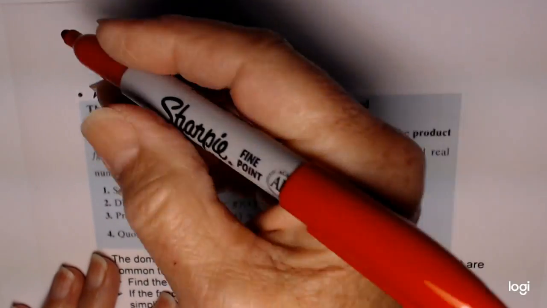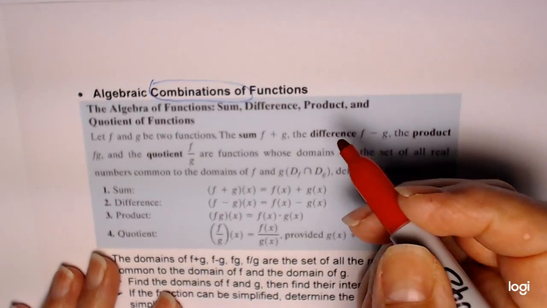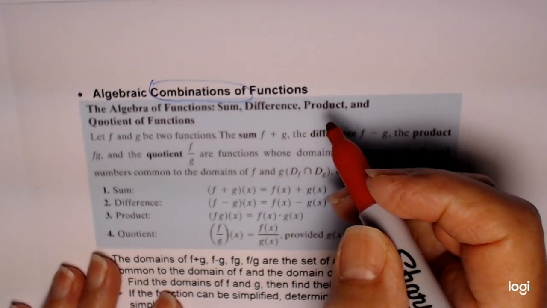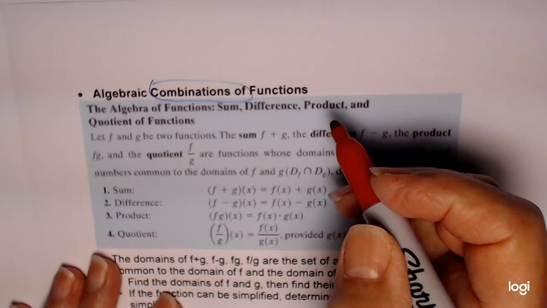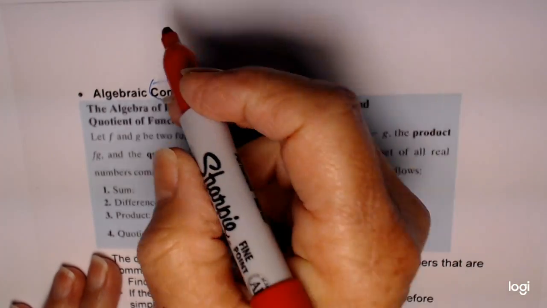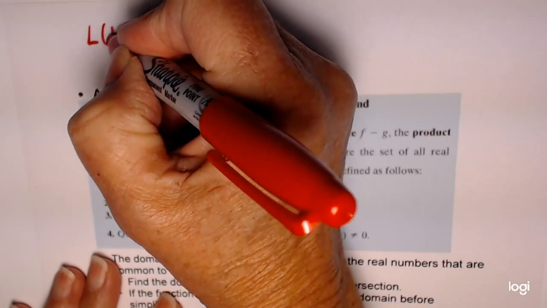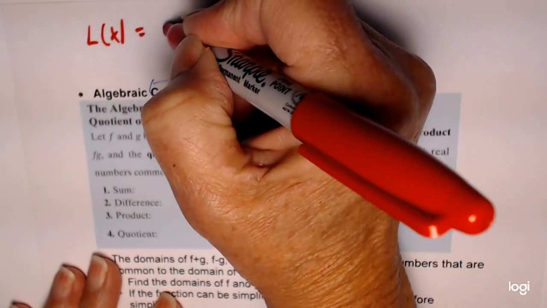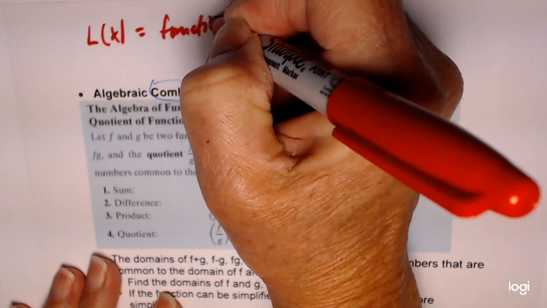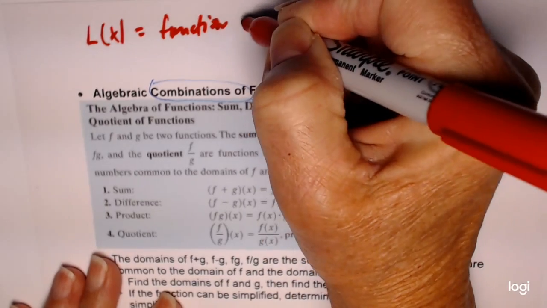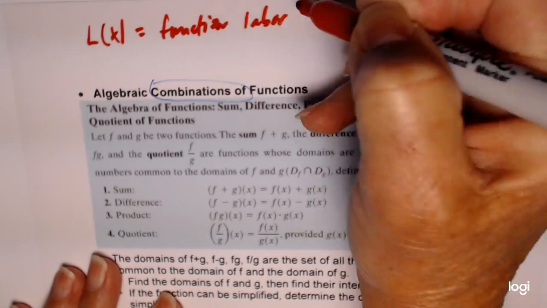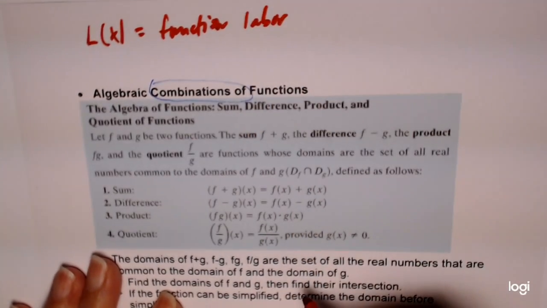Say x is the number of units that you sell. So say you're in the business of selling cell phones. And so your labor cost, what you pay people in the store, is going to be L of x. So this is the function for your labor or your payroll cost.